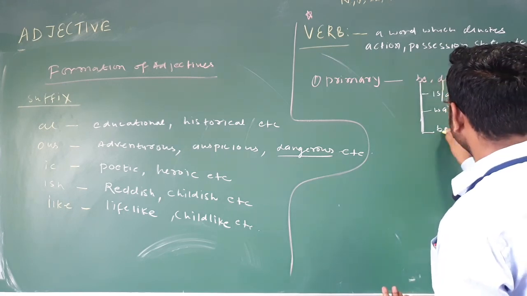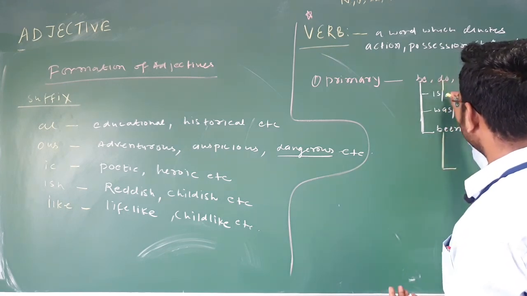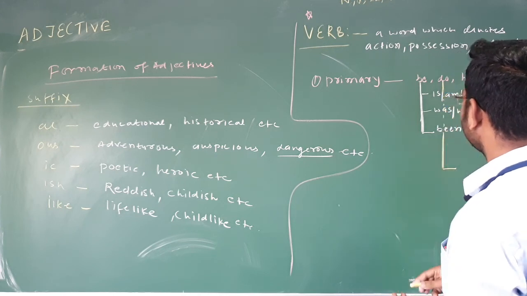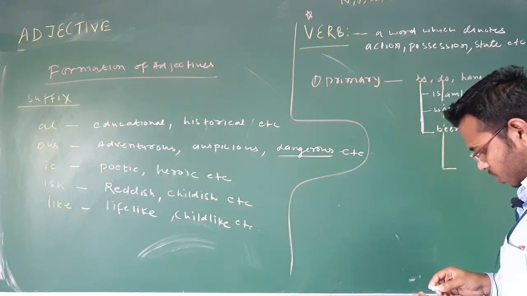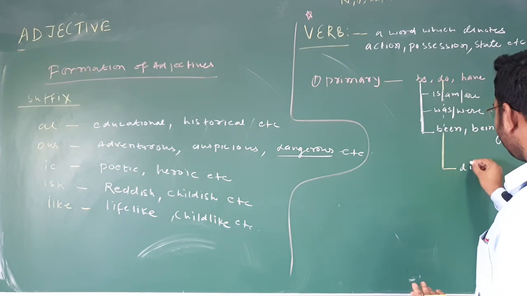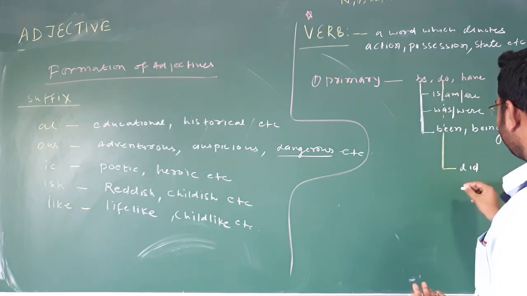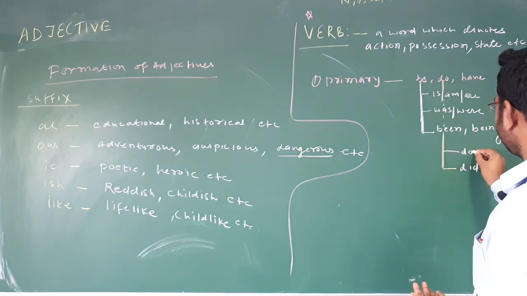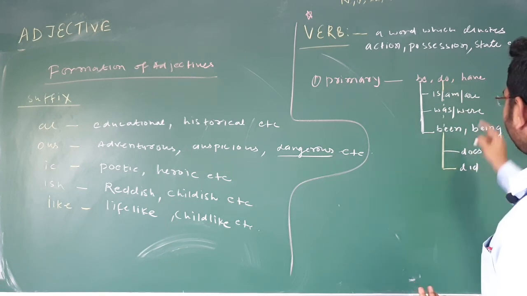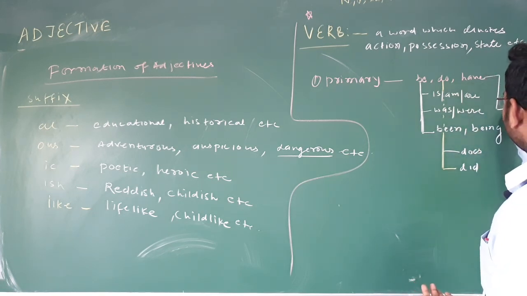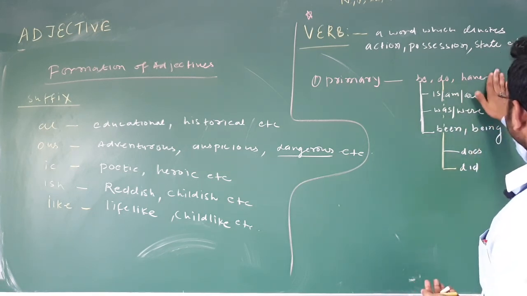Form of do we have, we say did, okay, we have does, and also we have of have, right?